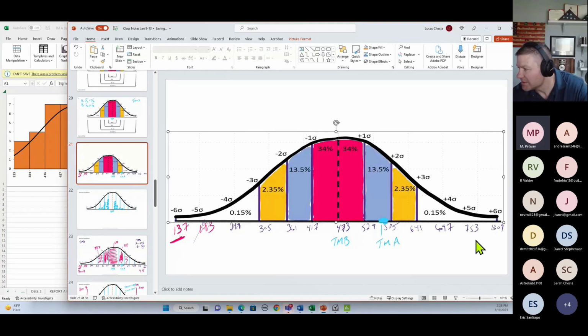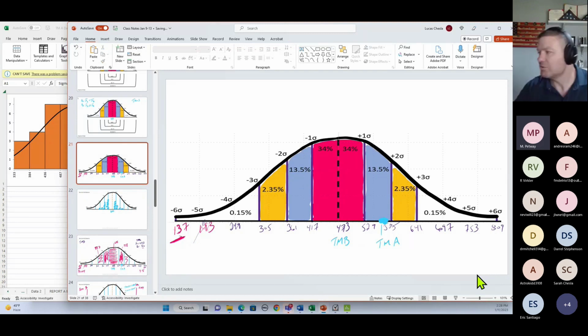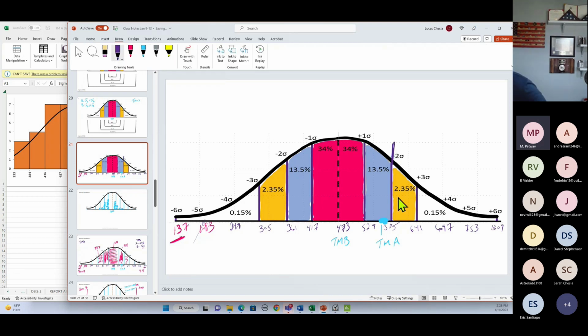So if we copy this data, we got team A and we got team B, cool. Now, 2.5% is right here. And what I say is, look at this 2.35 and this 0.15. Collectively, 2.5% is a rejection region.